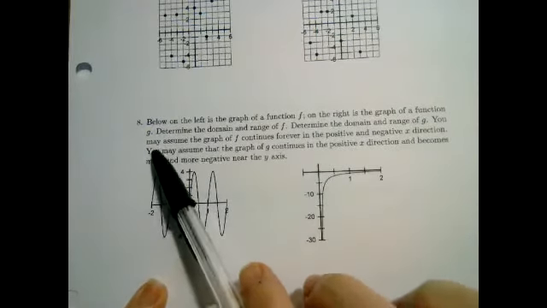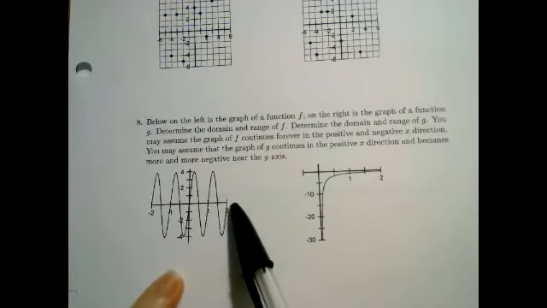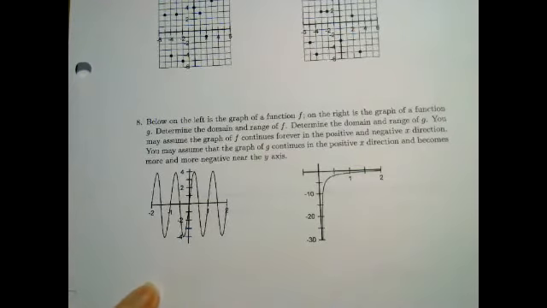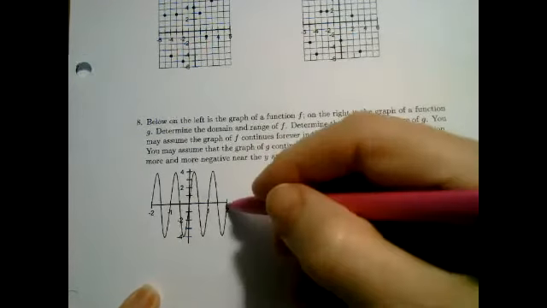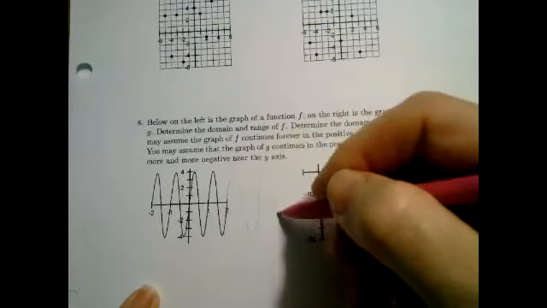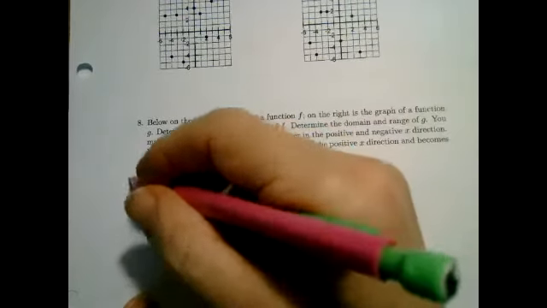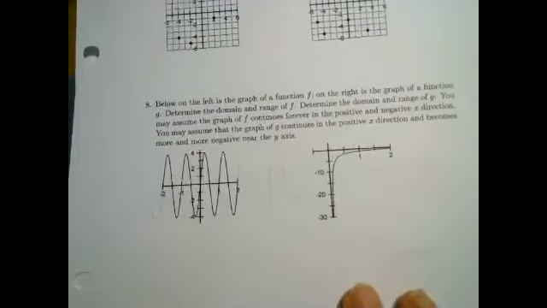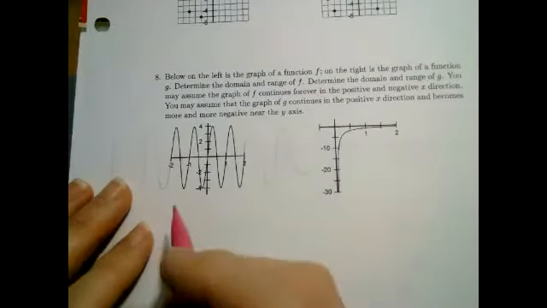And they're telling me that for f, you can assume that the graph continues forever in the positive and negative direction. So it means I'm telling you that no matter what f is, this keeps going. That's really what that is. It's not stopping in here. So the question is, what is the domain of this function?